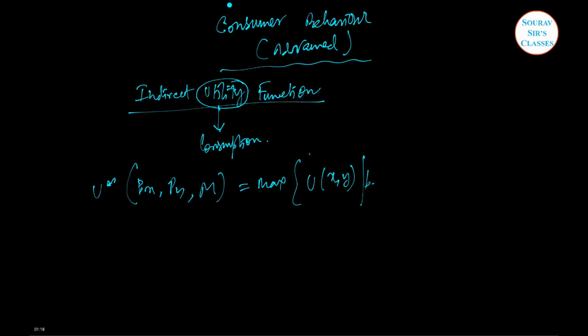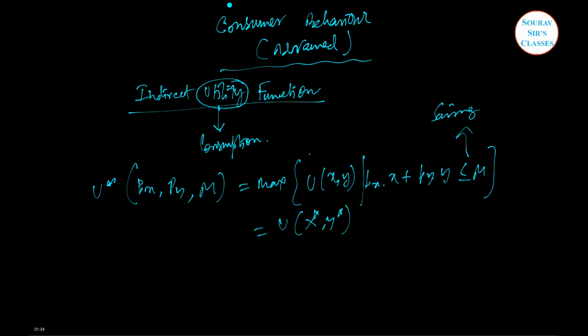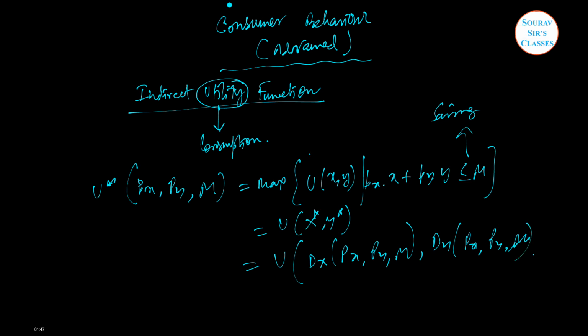The budget constraint, that is Px x + Py y ≤ M. It is less than or equal because some part may be saved by the consumer, and that is equal to U of x prime, y prime, which can be rewritten as U of dx of Px, Py and M, and dy of Px, Py and M.